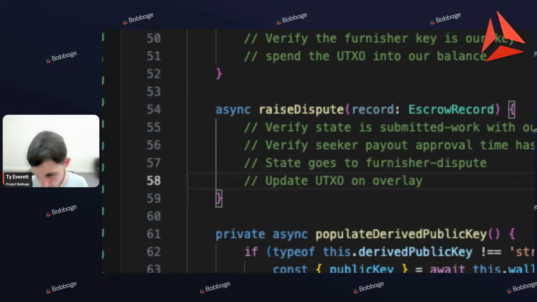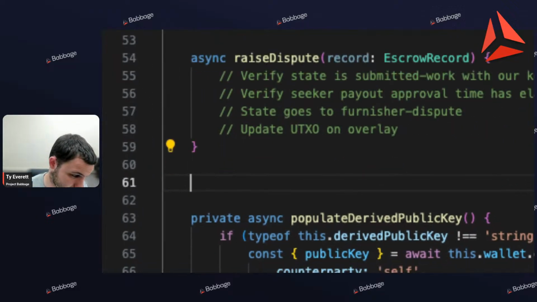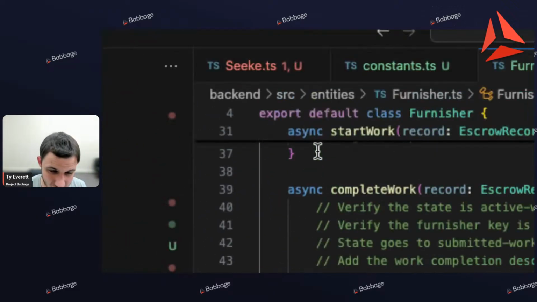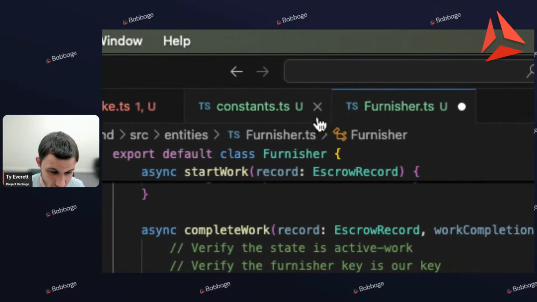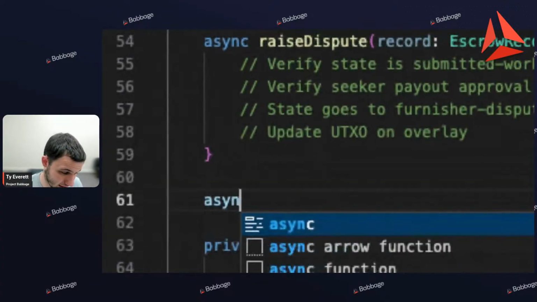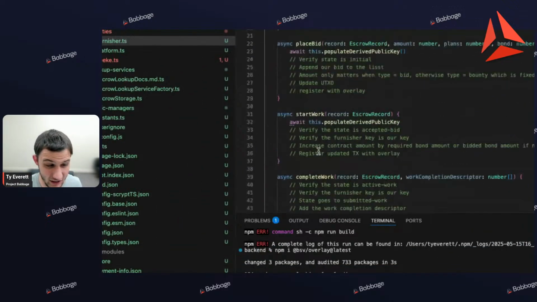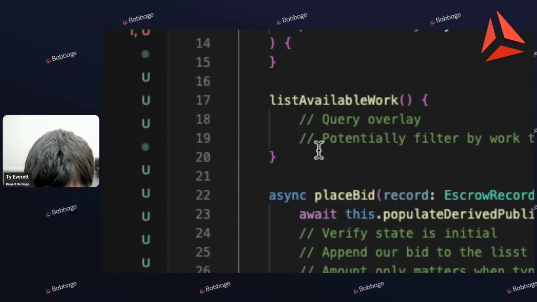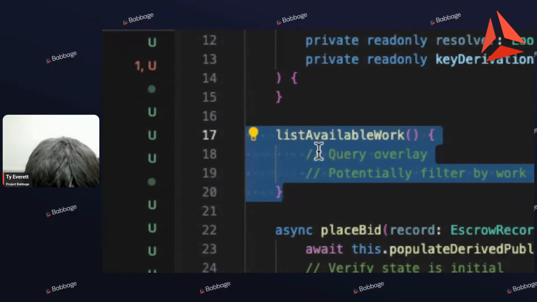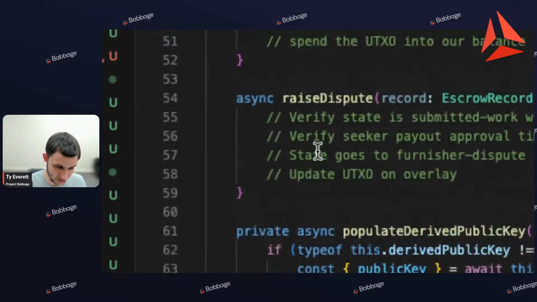Update UTXO on overlay. All right. I want to list all my active disputes. I can do that with the same function as I have in here. And that's list available work, right? And this is all pseudocode still.